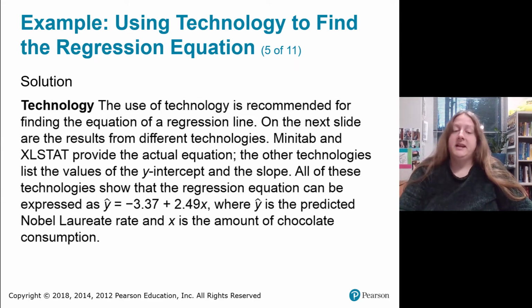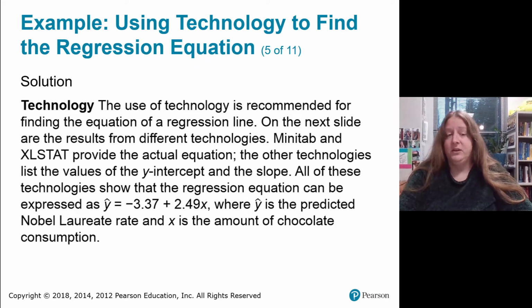All right, so technology. We can use tons of different things to find an estimate here, but they're all going to give us a regression equation that can be expressed as y hat equals negative 3.37 plus 2.49x. So y hat is our predicted Nobel laureate rate, and x is the amount of chocolate consumption.